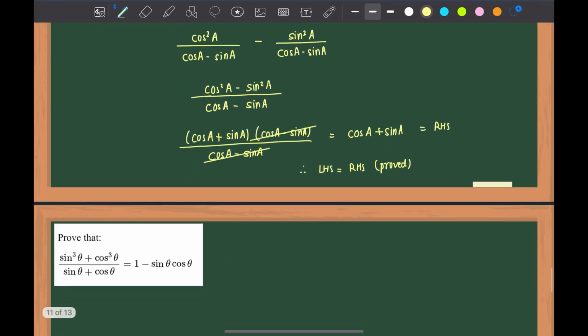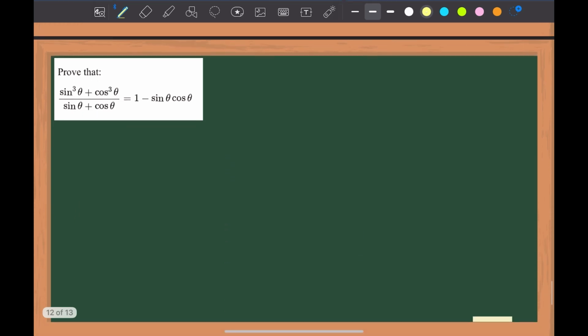Now let's move on to the last question of this particular video, and this question might seem to be a bit of a tough type of question, but this particular question just contains the concept of algebra. So if you know the concept of algebra and if you know the formula over here, it is barely of only 3-4 steps.